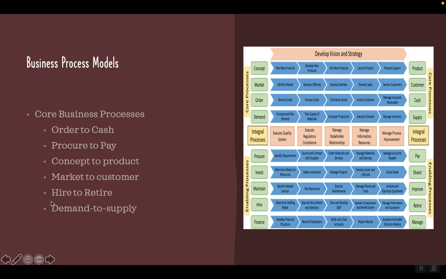All right, so these end-to-end processes, and these are just examples of some of the core processes you'll see in companies now. So order to cash, procure to pay, those are the two major ones. But then concept to product, which is how you manufacture or design product, marketing to the customer, hire to retire, which is your human resources, demand to supply, demand planning and supply chain planning. So all of these describe a whole series of steps.